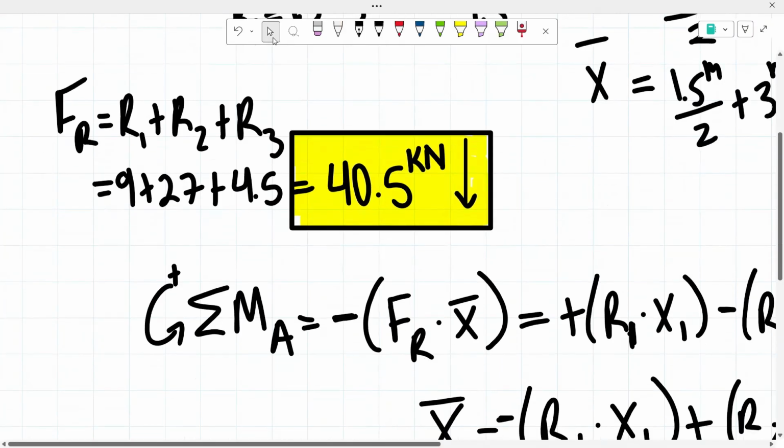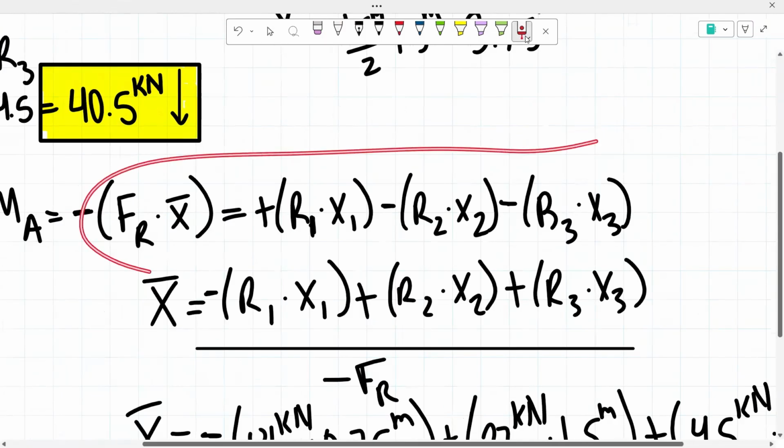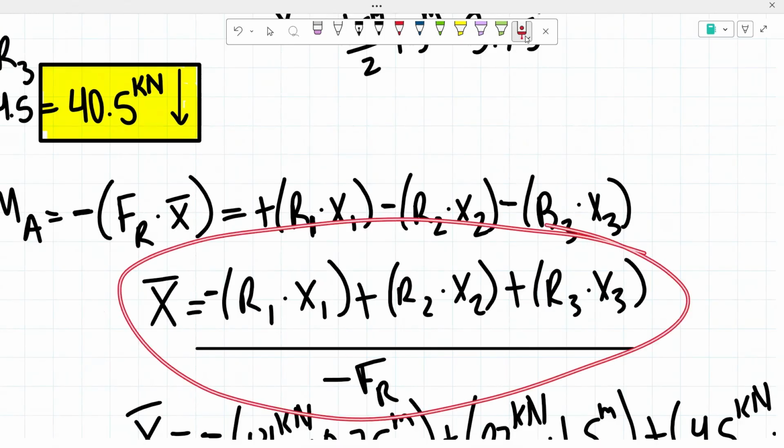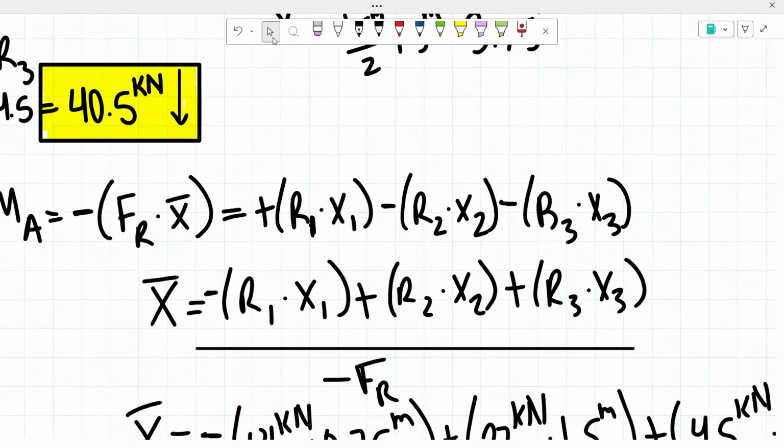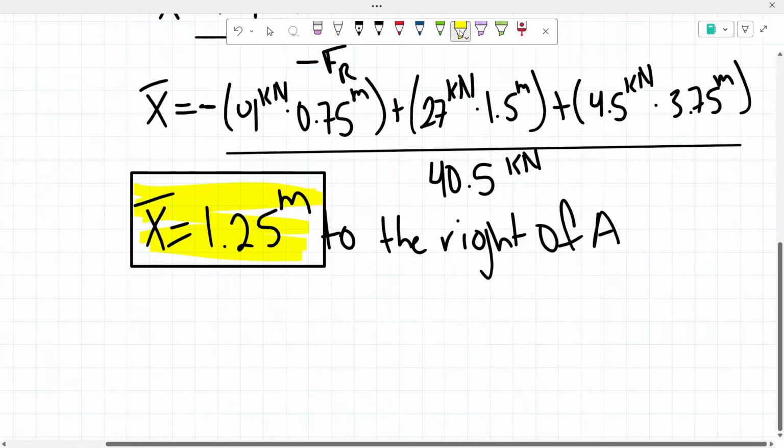Then we set up the equation taking the moment about point A, and since these two were equal to each other, we rewrote it to determine the location of our resultant force. Then we simply plugged in all of our information and ended up getting a location of 1.25 meters to the right of point A.